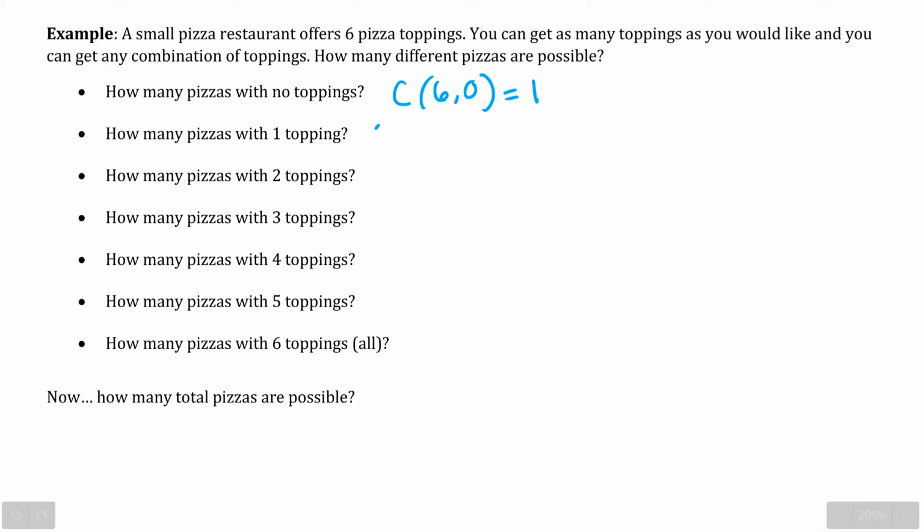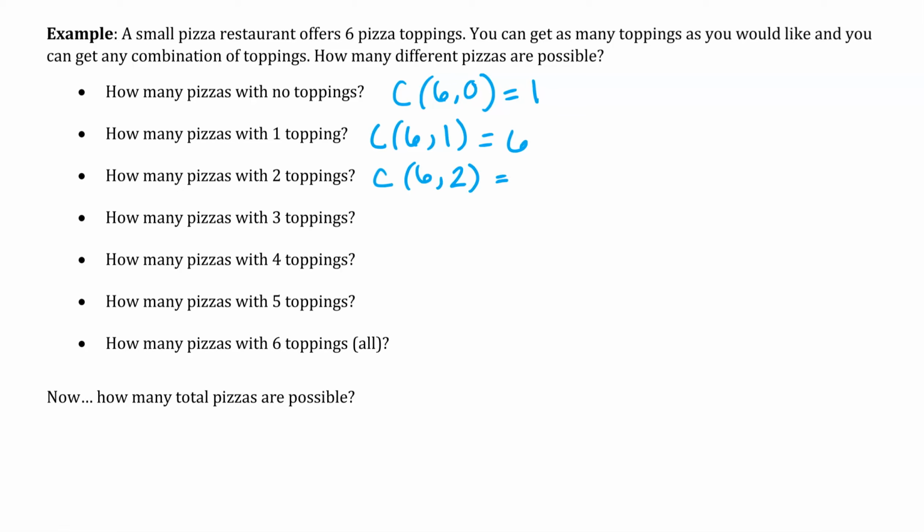Let's continue on. We have 6 toppings, and we want to see how many pizzas have 1 topping. We could have a pizza with only topping number 1, only topping number 2, and so on. Plug that in your calculator and you'll get 6. How many pizzas are there from our 6 toppings if we choose just 2? Remember, order doesn't matter.